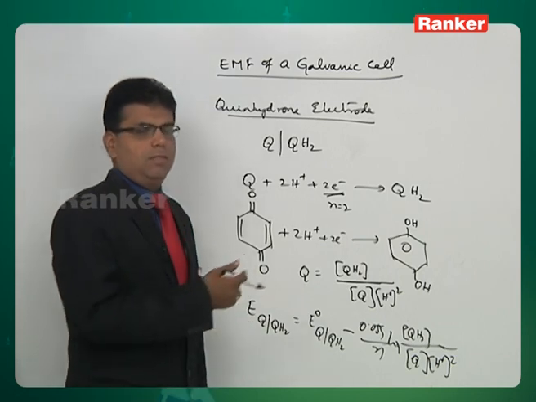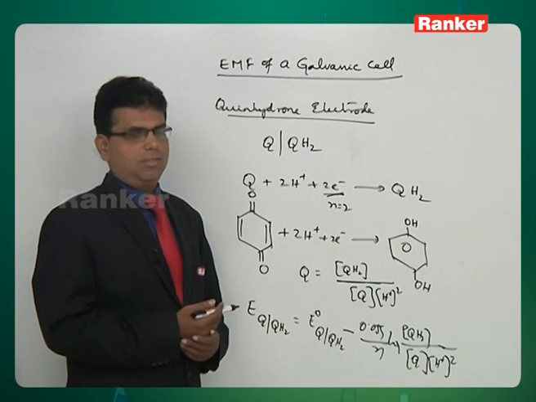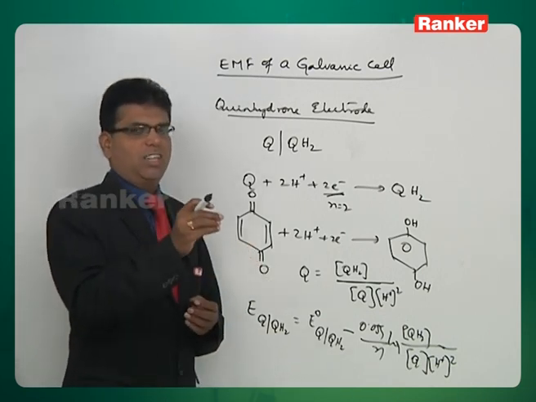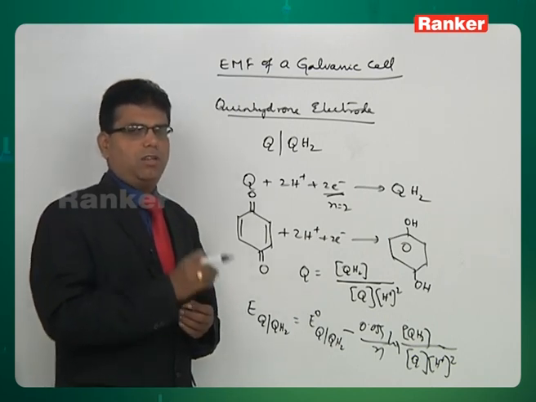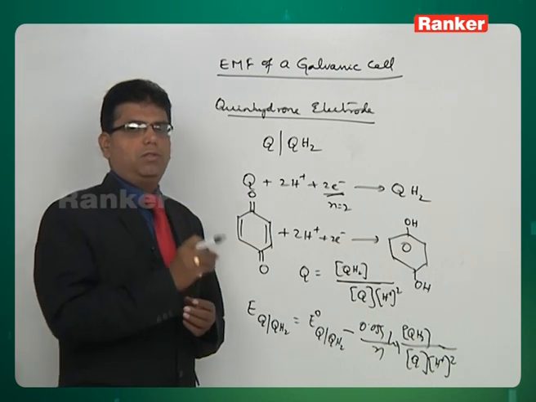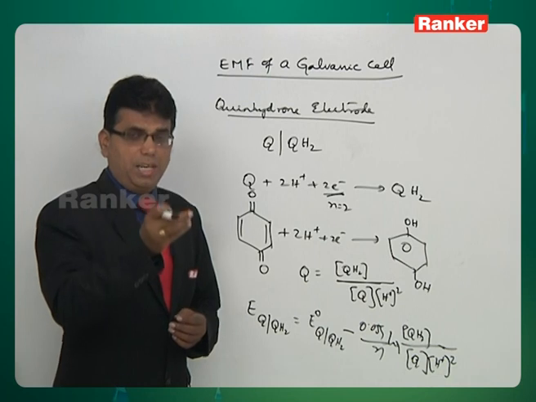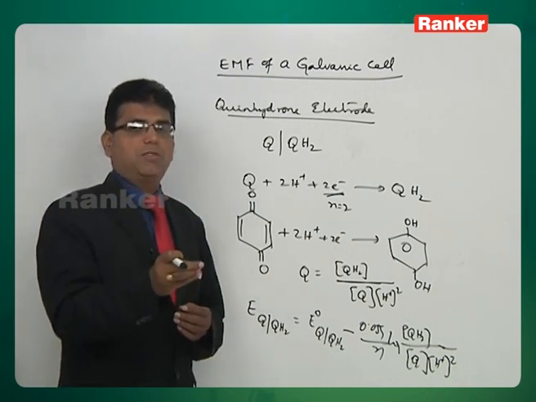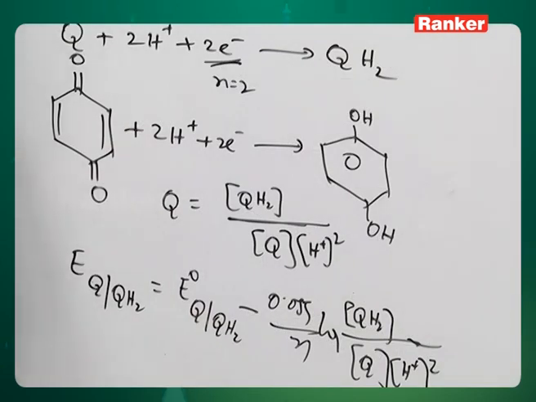Now, next we see something called concentration cells. What we have completed so far is what a galvanic cell is, the construction of a galvanic cell, the principle of a galvanic cell, how a galvanic cell works, how to find the EMF of a galvanic cell, what the Nernst equation is, and how to use the Nernst equation for different types of electrodes and different galvanic cells.